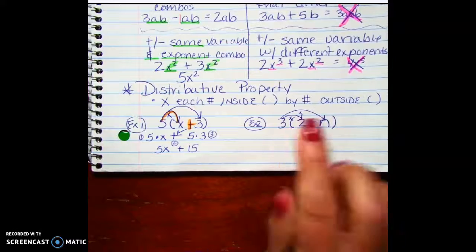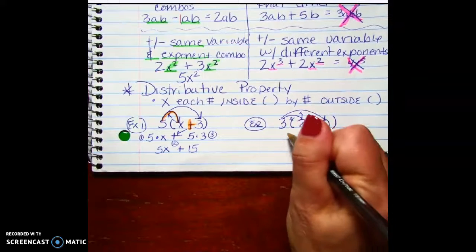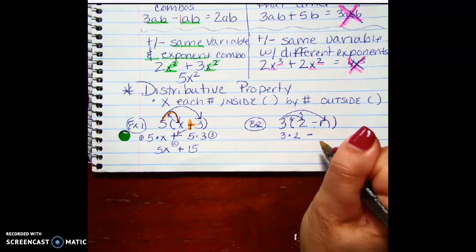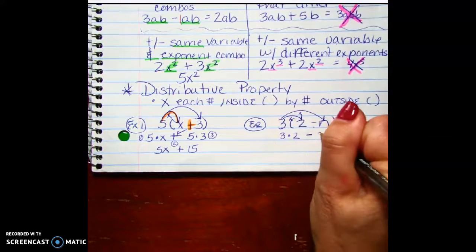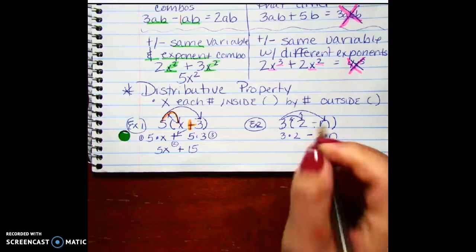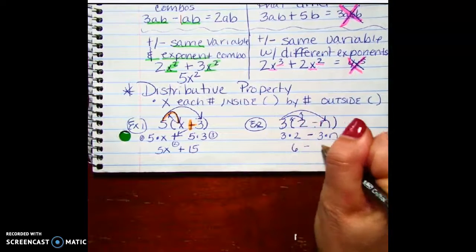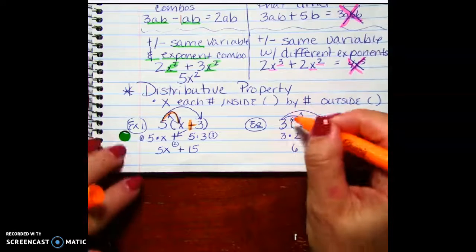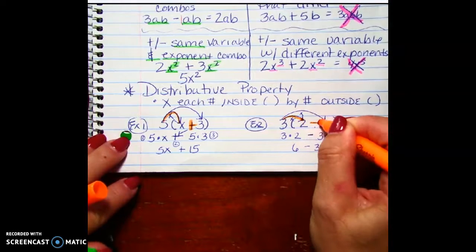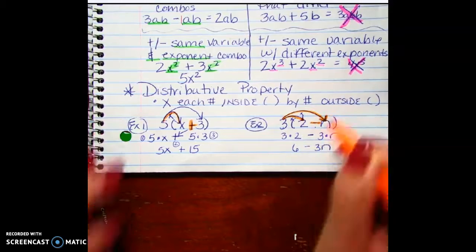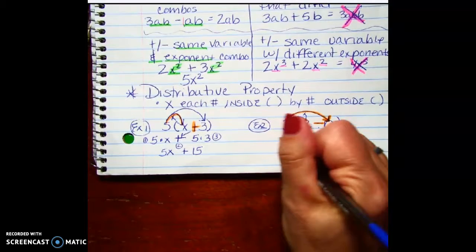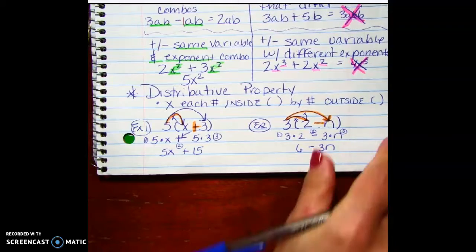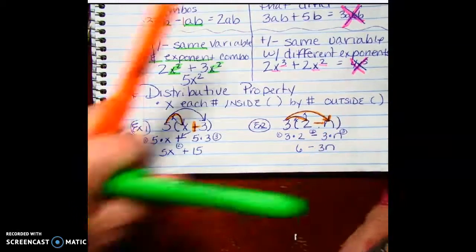Remember also 3 parentheses means multiply, so it kind of makes sense. 3 times 2, put in my subtraction sign, and then I take 3 times n, and I end up with 6 minus 3n. Just to make sure you remember, first, second, third. Now, we can work backwards with that as well.